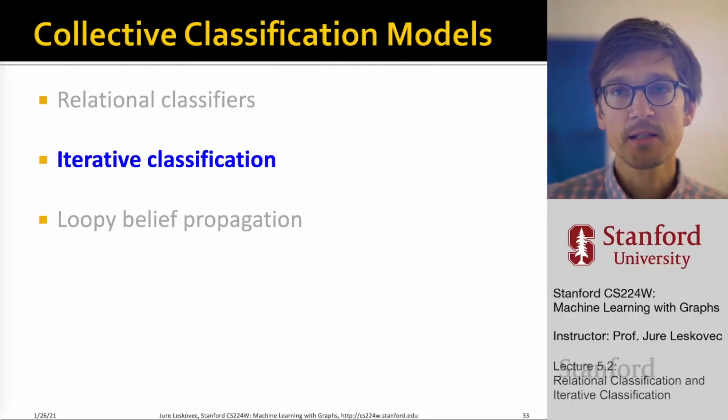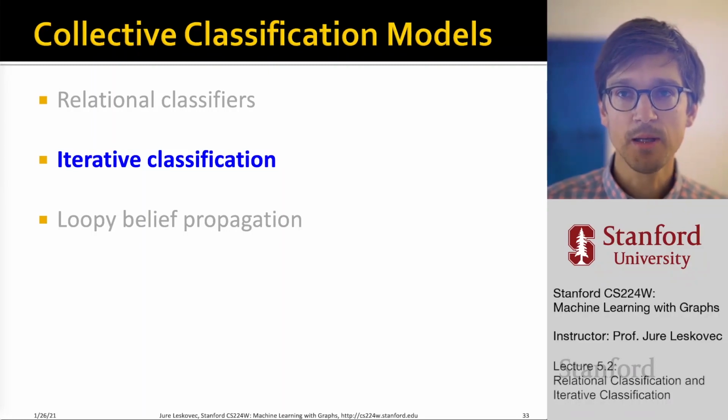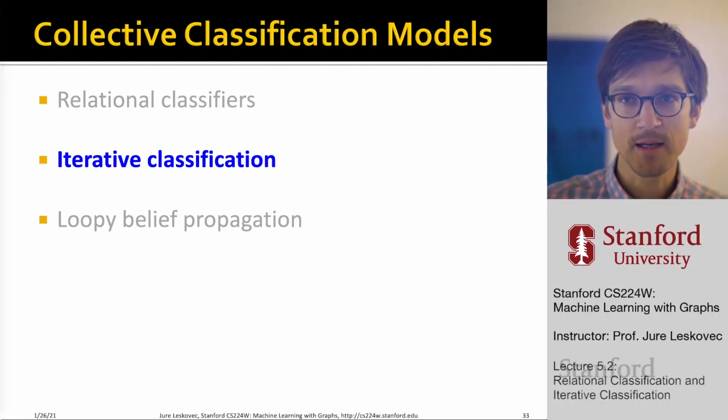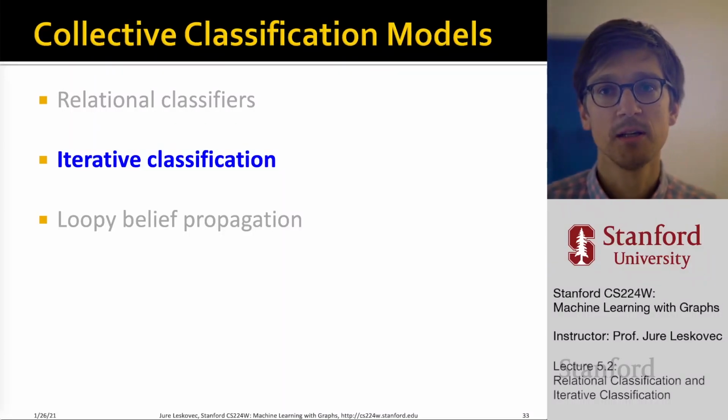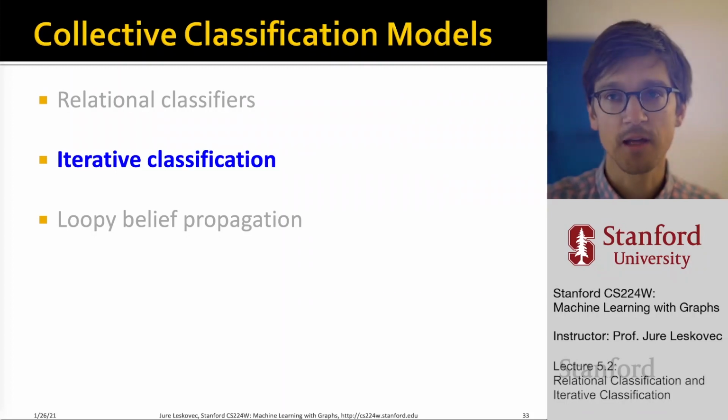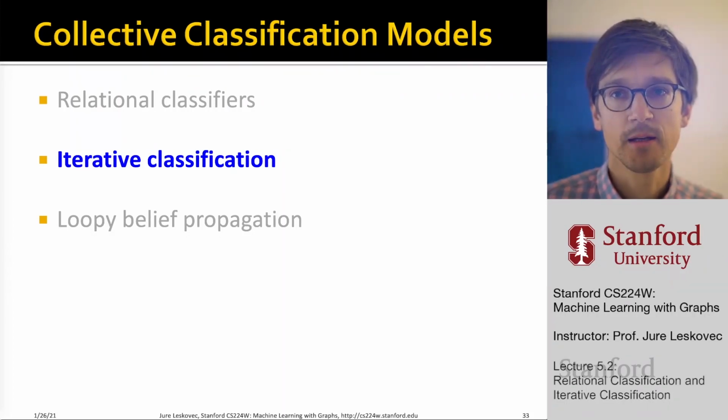So this was relational classification based on the labels alone. And you saw how the probabilities spread from labeled nodes to unlabeled nodes through this iterative process, when nodes were updating their probabilities based on the probabilities of their neighbors in the network.